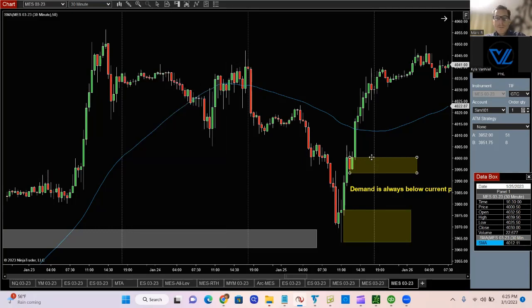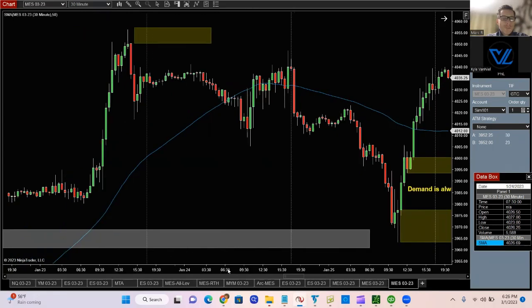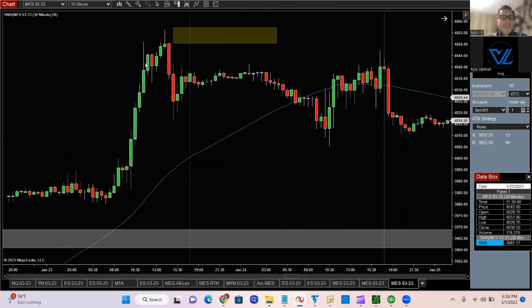So if you're looking here, we'll go with this candle as the leg in. Leg in, basing, basing, basing, basing, leg out.